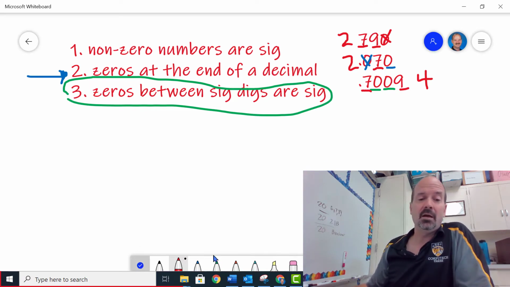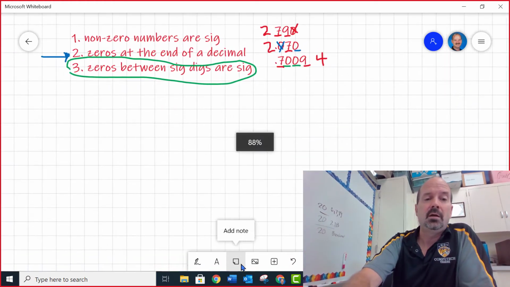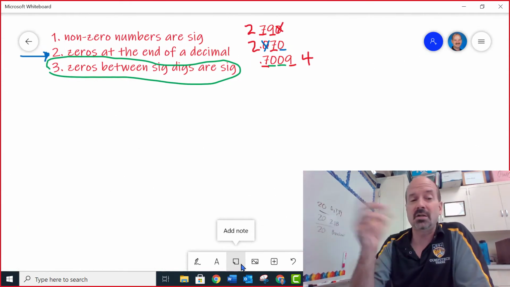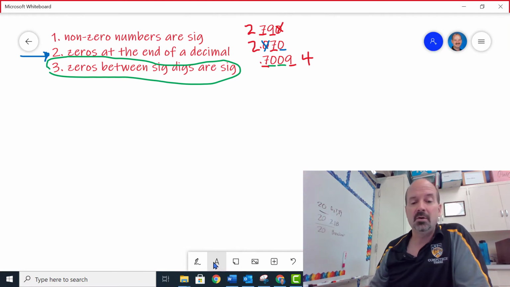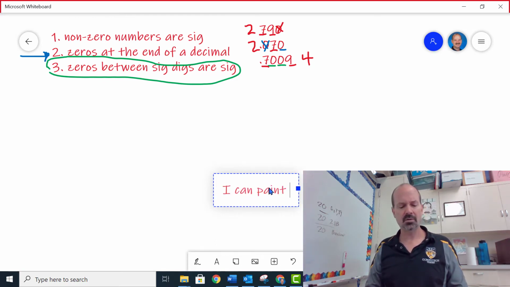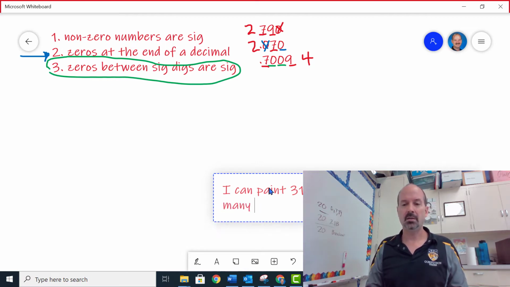Then, from there, we kind of moved into how do we do conversion factors? So let's start with an example. How about I start with a painting example? So let's just say I can paint, we'll go with 310 square feet of wall per hour. How many square meters is that per minute?